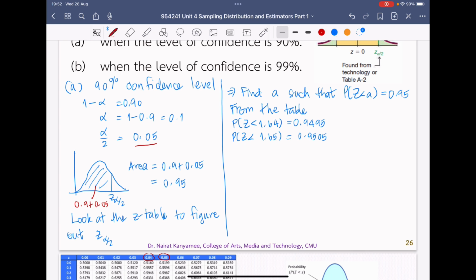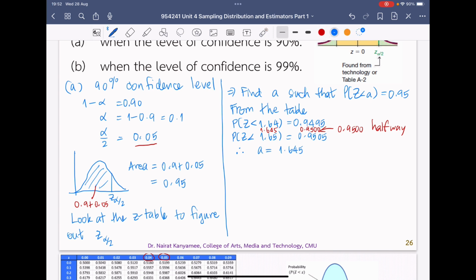So actually 0.9500 is exactly halfway here. Therefore, my A is going to be 1.645, because it's halfway between these two. So my A is 1.645.